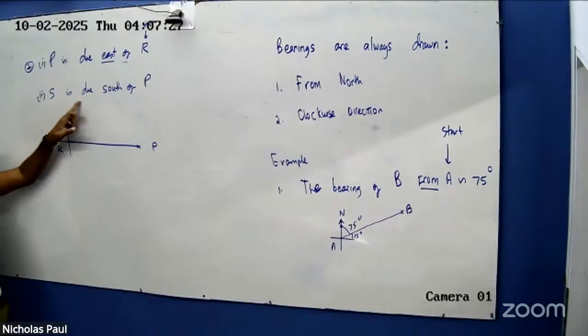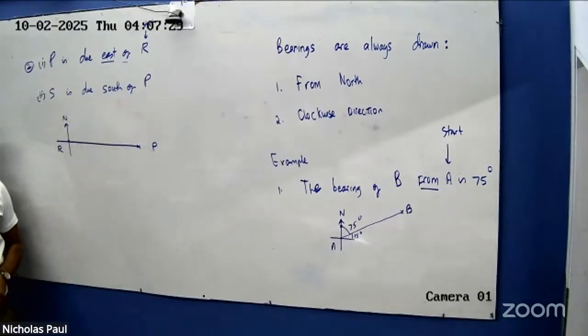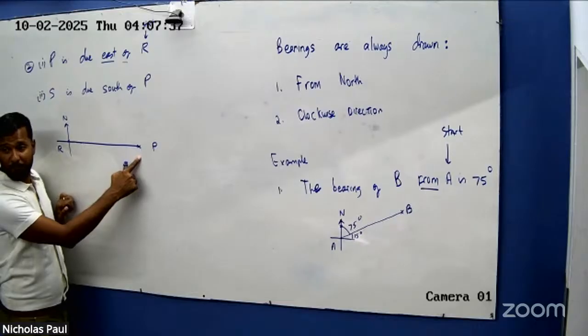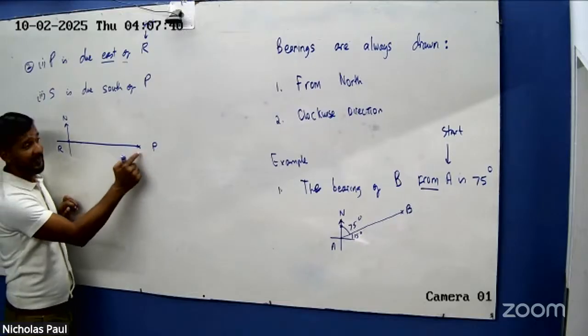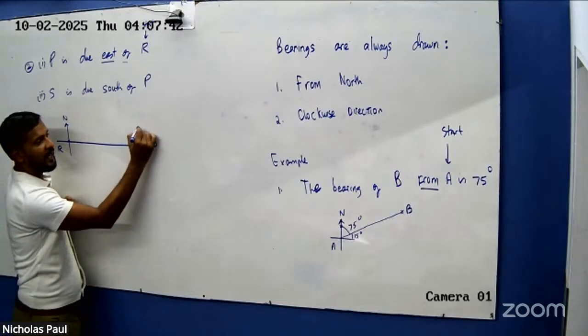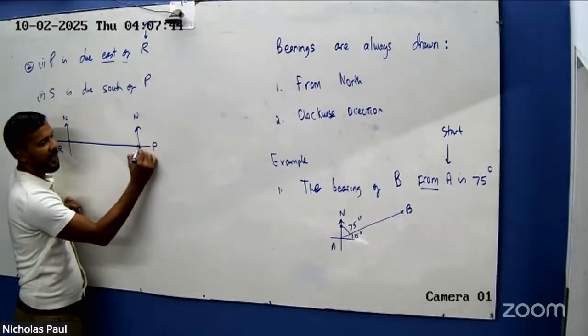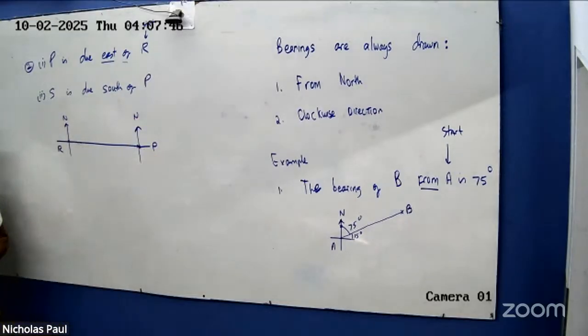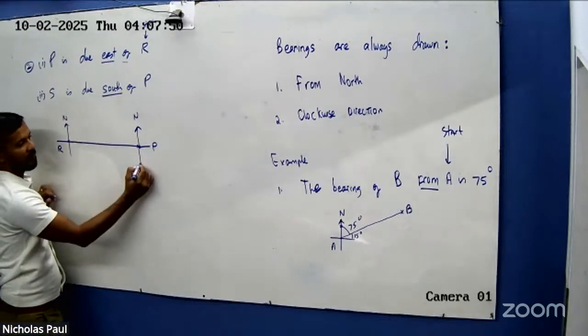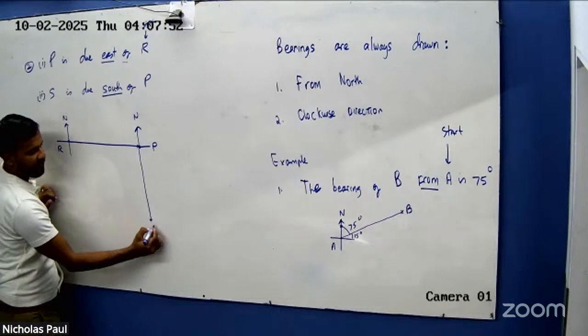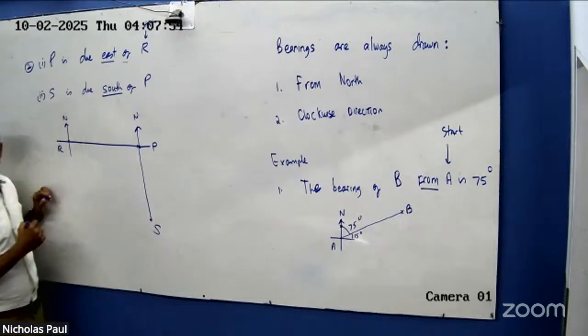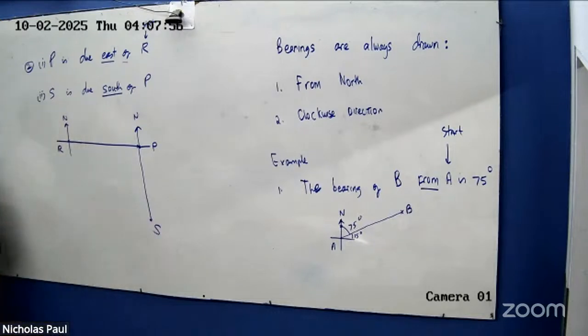S is due south of P. What letter are we starting at? P. Very good. So we're starting here. Everybody okay with that? So we're starting right here and we do the same cardinal points thing. Where are we going? We're going south, and that will take us to S.